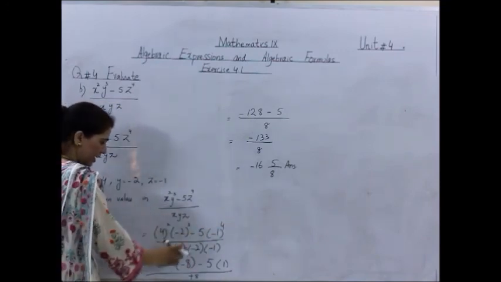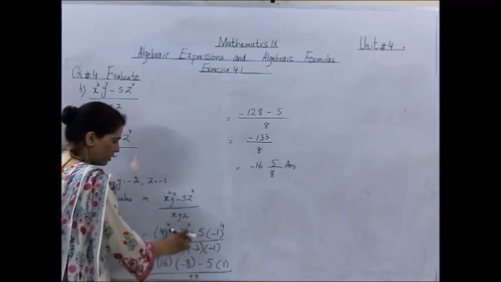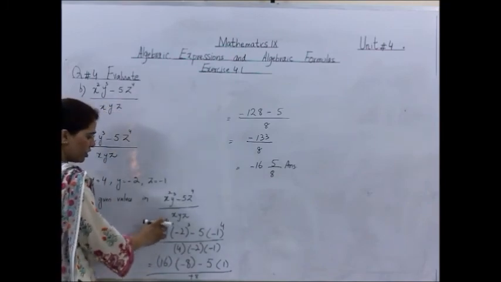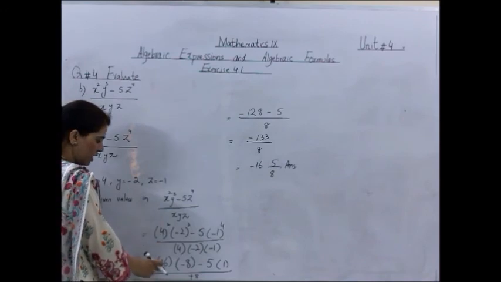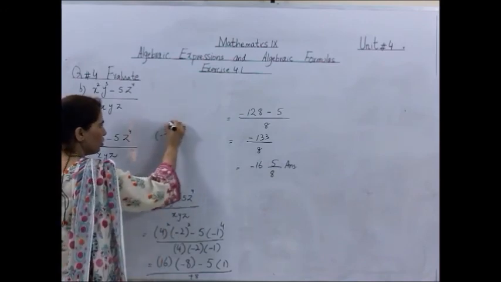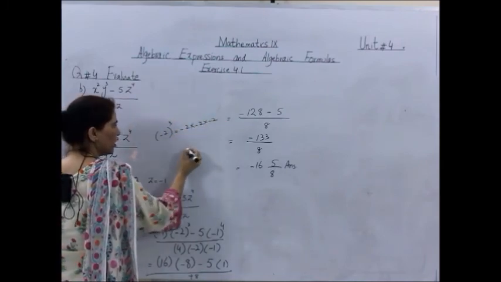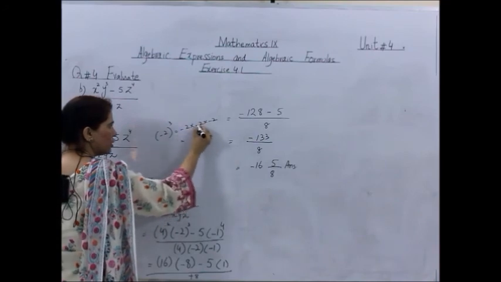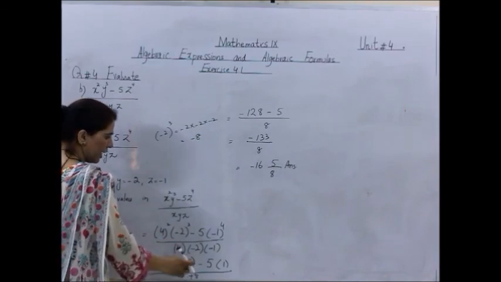And in xyz, x has the value 4, y has -2 and z has -1. 4² means you have to multiply 4 two times. 4 fours are 16. (-2)³ means you have to multiply -2 three times. 2 twos are 4, 4 twos are 8, minus times minus times minus will be -8.